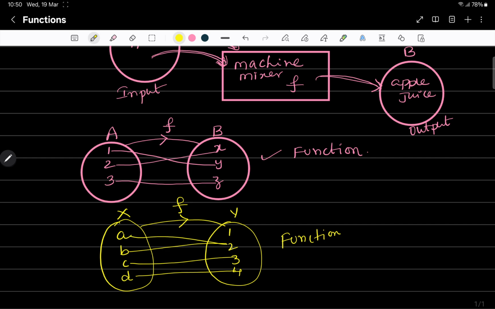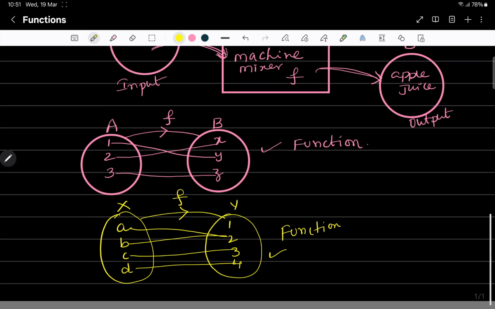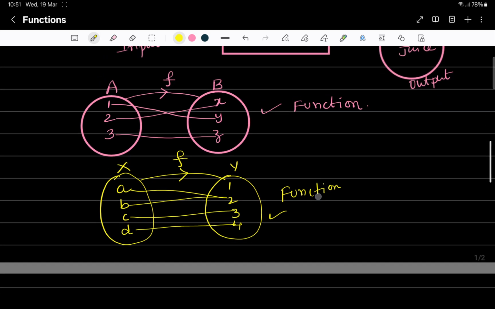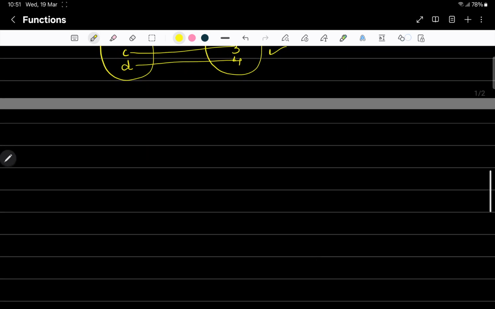See, A having relation with 2, B also having relation with 2. But you have to look here, A having relation with how many numbers? Only one number, that is 2. B having relation with how many numbers? Only one number, 2. So this represents a function. One more example.